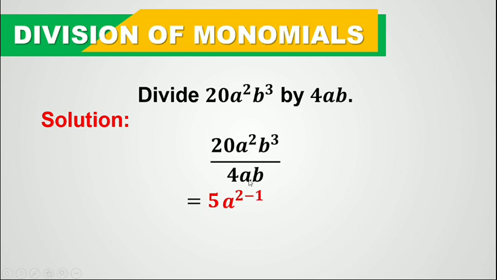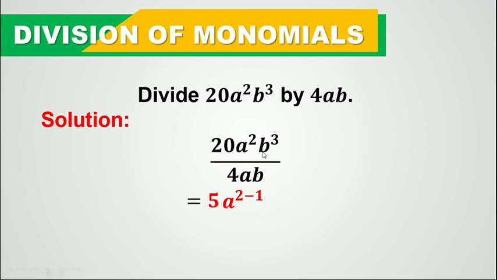So 2 minus 1. You also have to take note that if there is no written exponent in a particular variable, that simply indicates that the exponent is 1. So it's already understood that the exponent is 1.